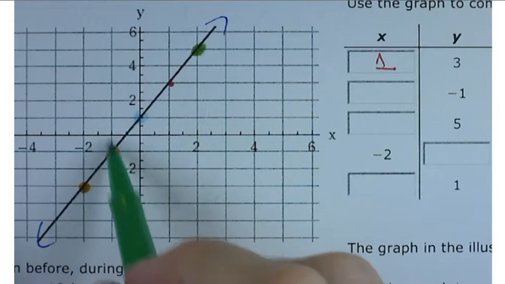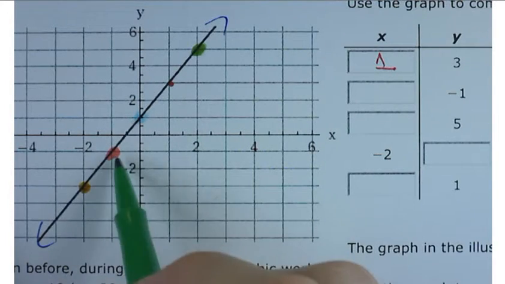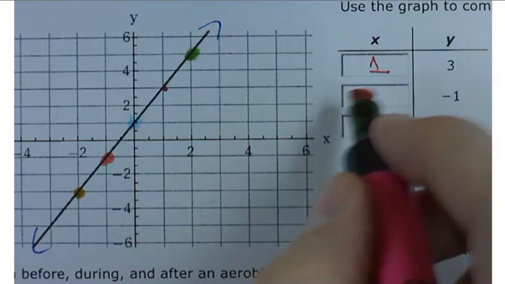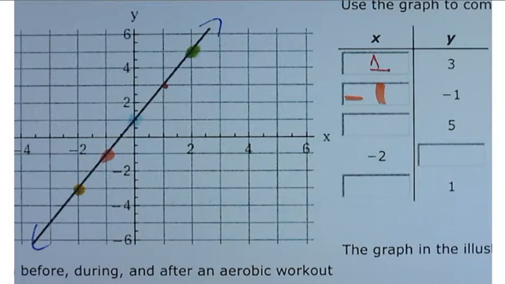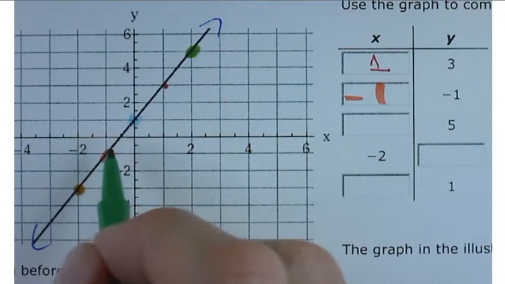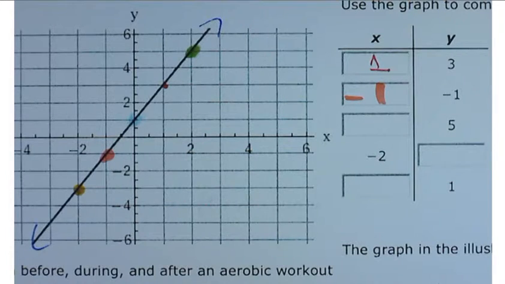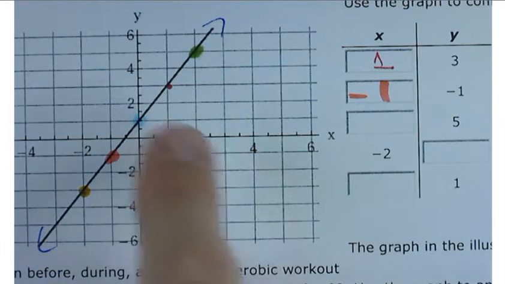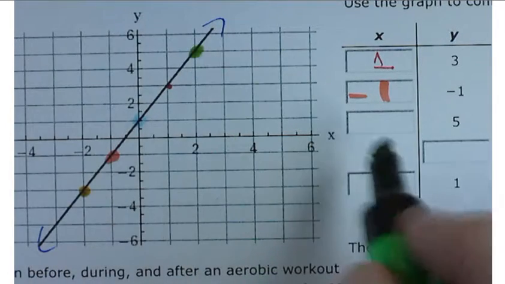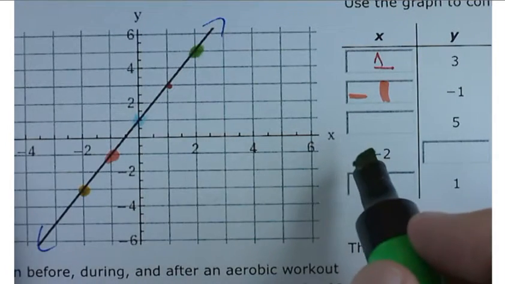So what x value goes with y is -1? -1 and -1. So here's our y value of -1. It goes with x is -1. If y is 5, that was way up here. What x value goes with that one? 2.